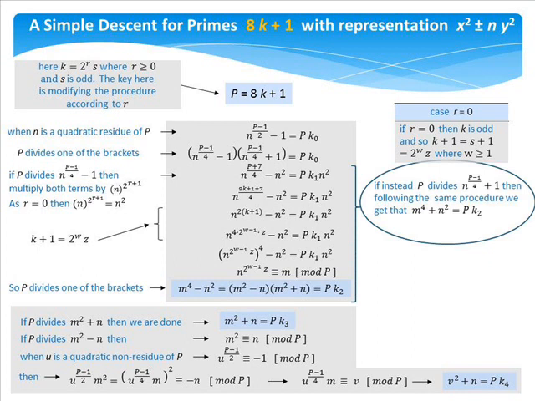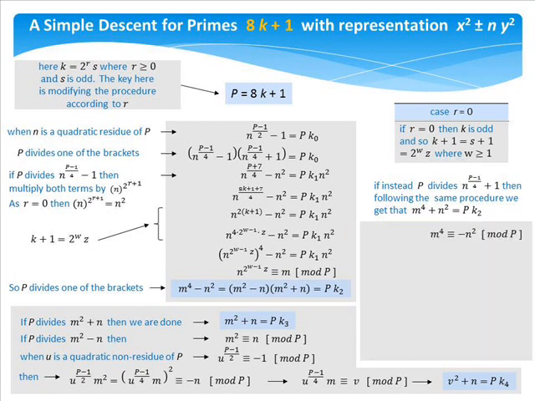We should now focus on the scenario when p divides n raised to p minus 1 over 4 plus 1. We just need to repeat the procedure done before, only that we would end up finding that p divides m raised to 4 plus n squared. To tackle this, we utilize u again, a quadratic non-residue of p.